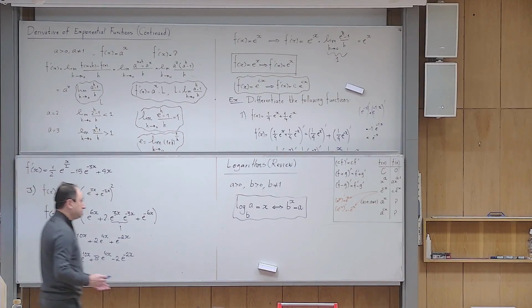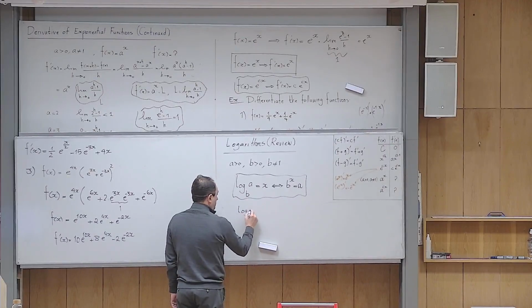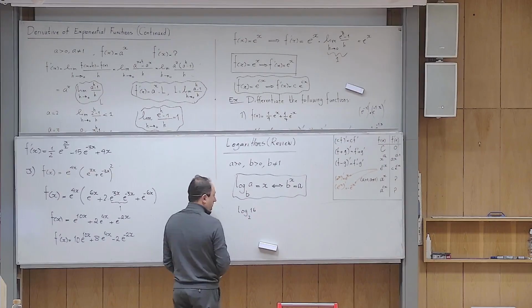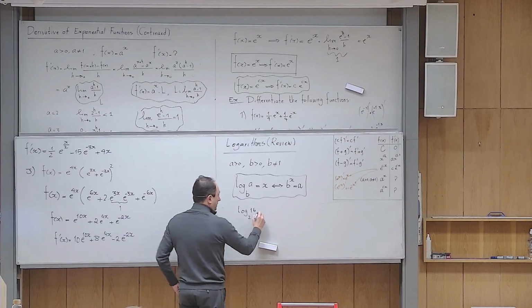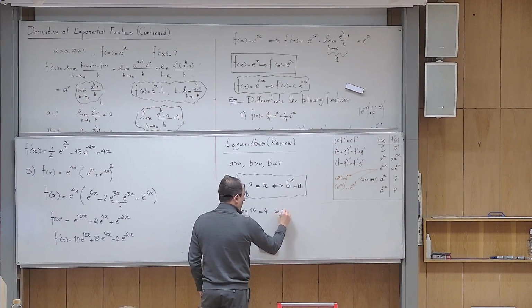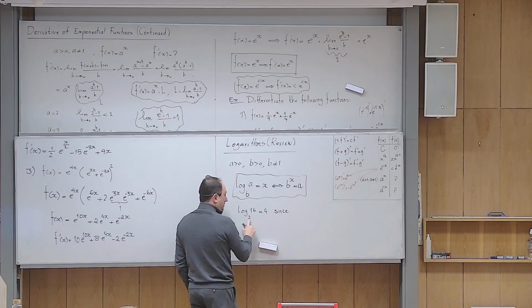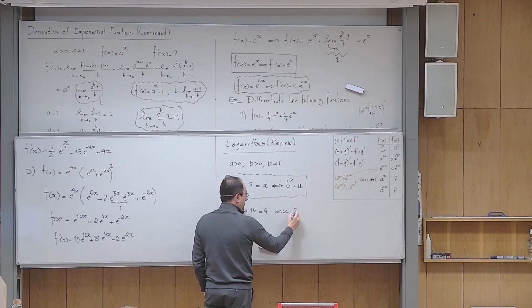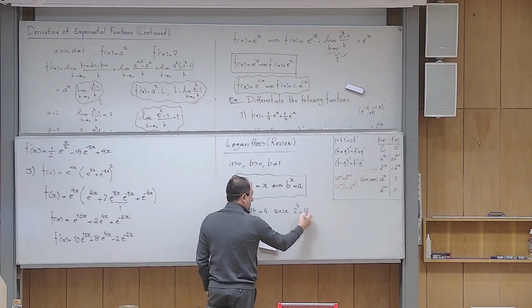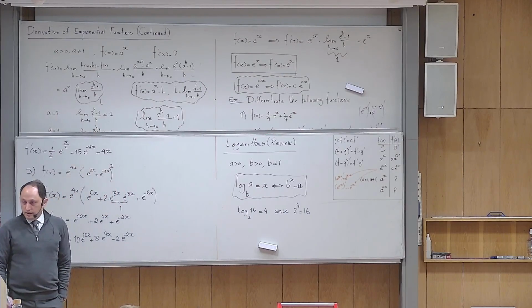So for example, we know that if I ask you what is the logarithm of 16 to the base 2, what's the answer? The answer is 4, since if someone asks you why did you answer 4, we say because 2 to the 4 is 16. Yes?